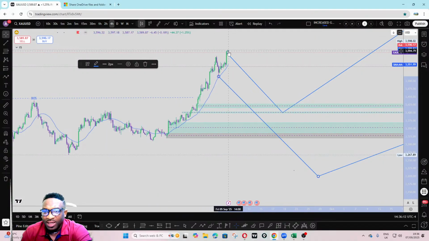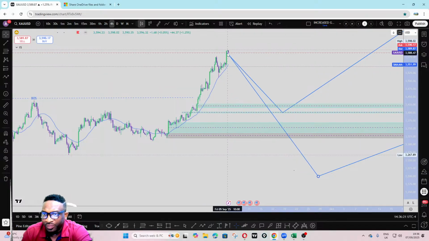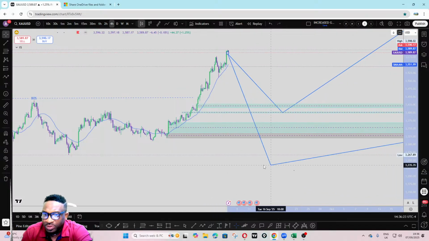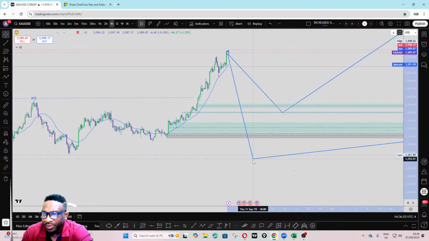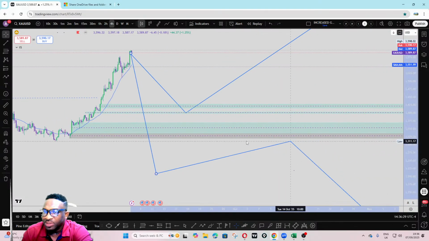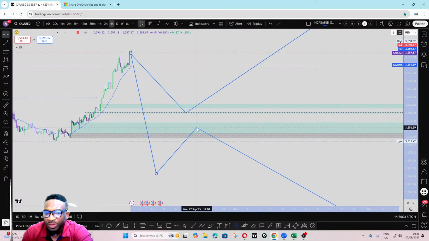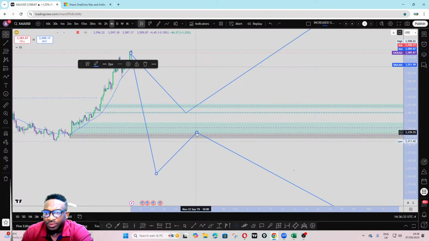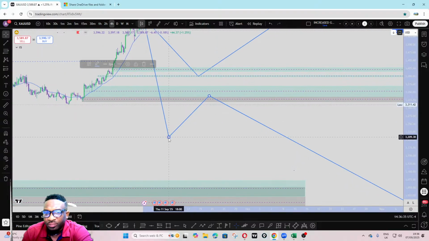So this is the high that it has created. So if we have this low taken out, we have price coming all the way from here and then take out this low here. We expect price to come back to test this area before.